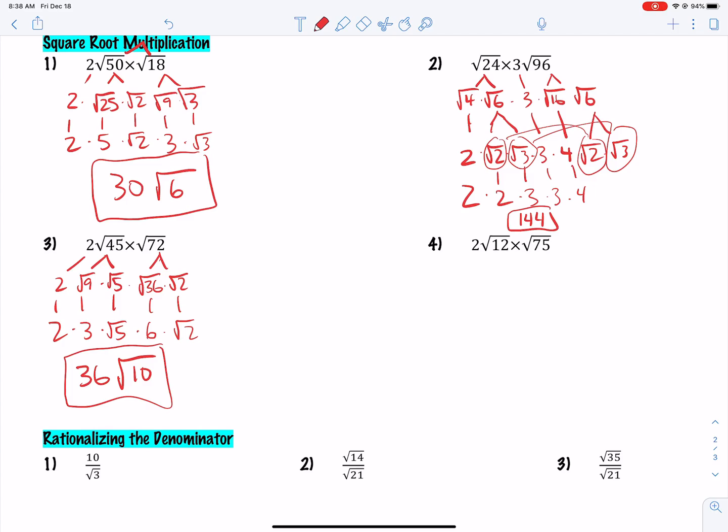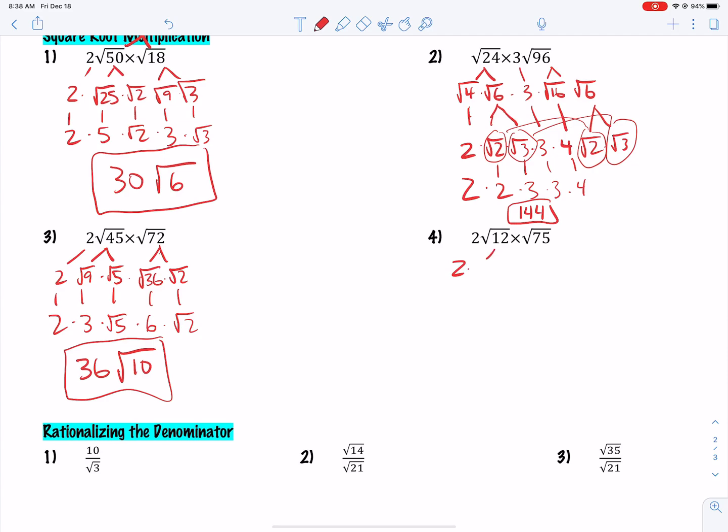All right, next one here. 2 times 4 and 3. This is 3 and 25. 2 turns into 2. 4 turns into 2. Now what's interesting is I have 2 radical 3's.